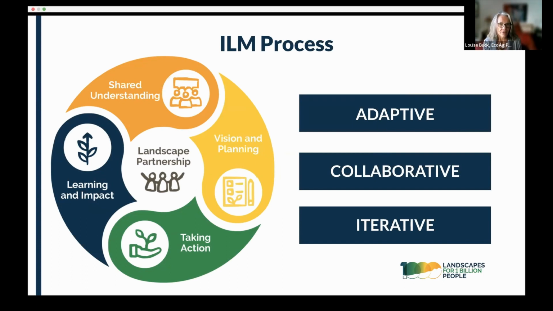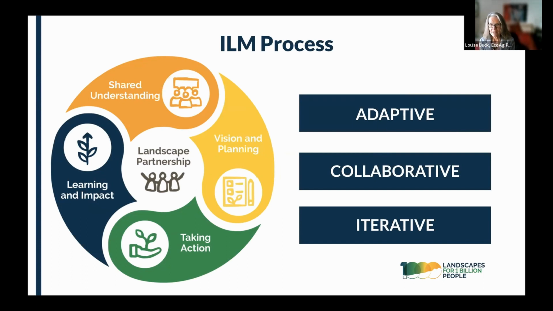So 1000L views integrated landscape management as an adaptive, collaborative, iterative process to help stakeholders transform change in their landscapes. The process involves continuous learning and doing by the landscape partners who drive it. So you'll notice at the center of our wheel, we have the landscape partnership.